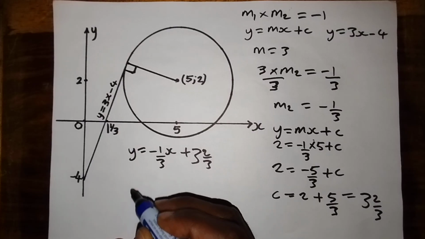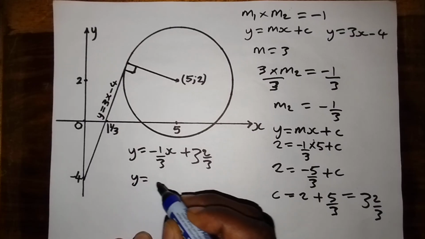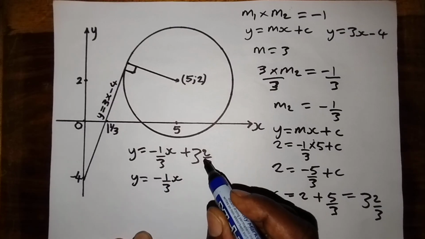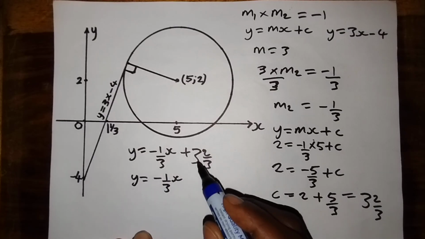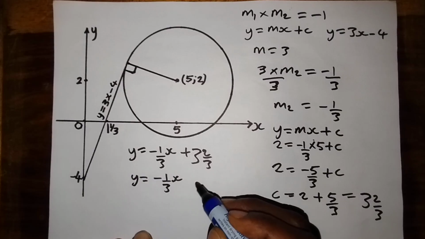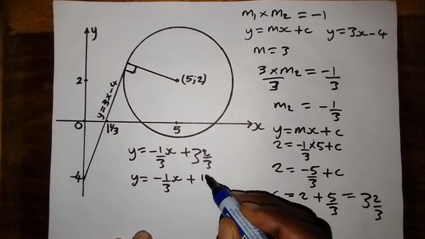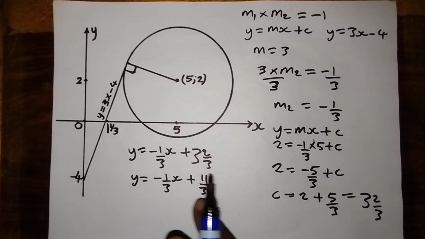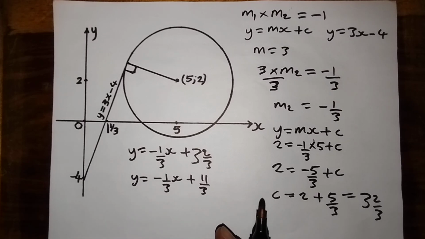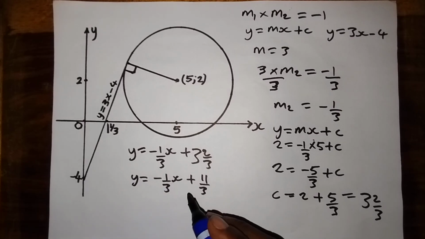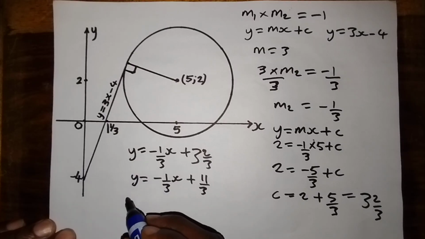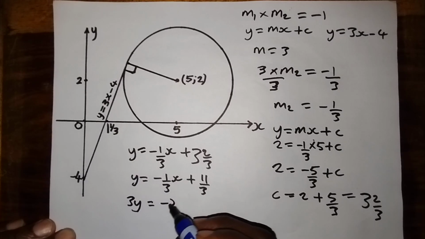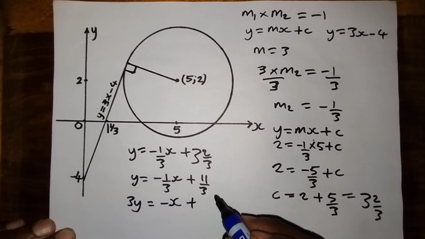It becomes y equals -1/3 x, and I'm going to write this as an improper fraction: 3 multiplied by 3, 9, plus 2, that's 11. So this one becomes 11 over 3. Since 3 is the lowest common multiple, I'm going to multiply by 3 throughout. So finally this will be 3y equals negative x plus 11.